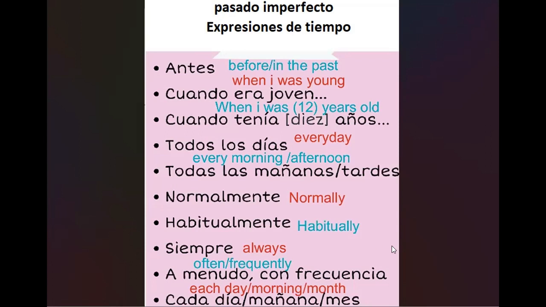Okay. A menudo, so often. A menudo jugaba con mis hermanos. Often, so I used to play with my brothers often. Con frecuencia iba a la casa de mi abuela. I used to go to my grandma's house frequently. And the last one that we have here is each day, cada día jugaba mucho, or cada mañana leía, o cada mes visitaba a mis abuelos.